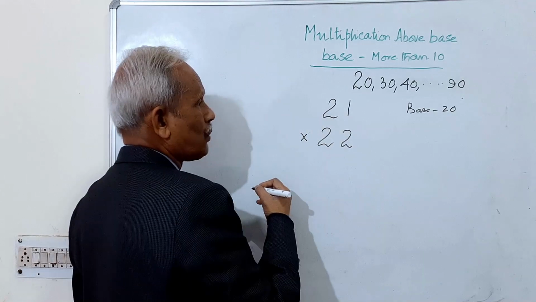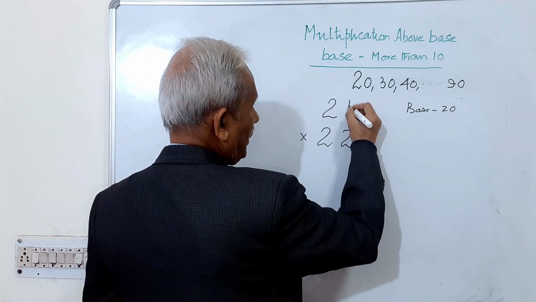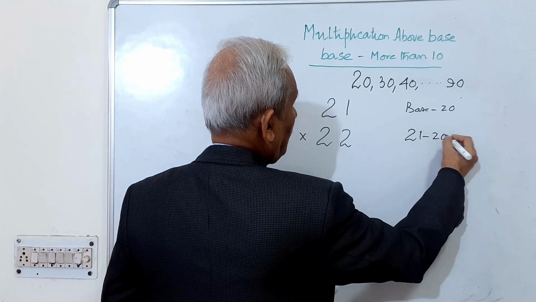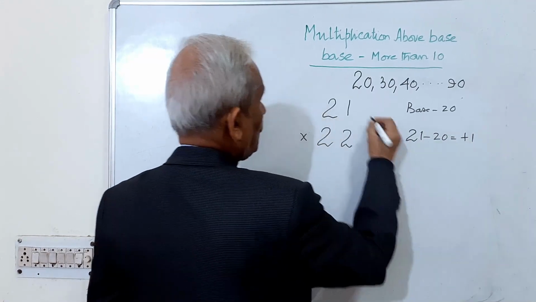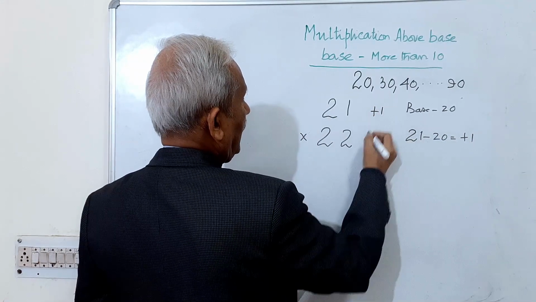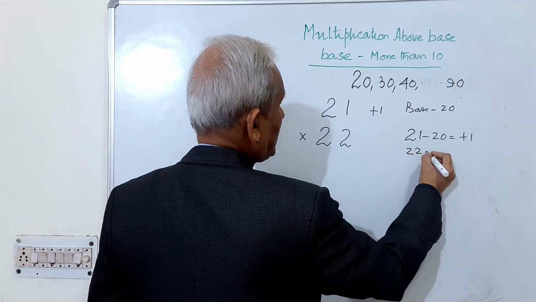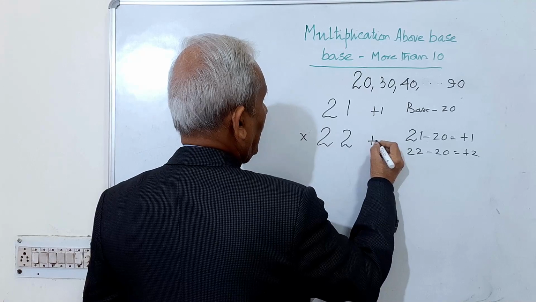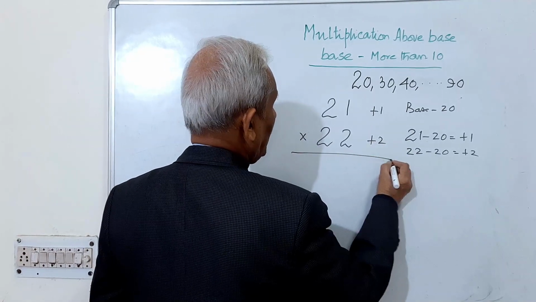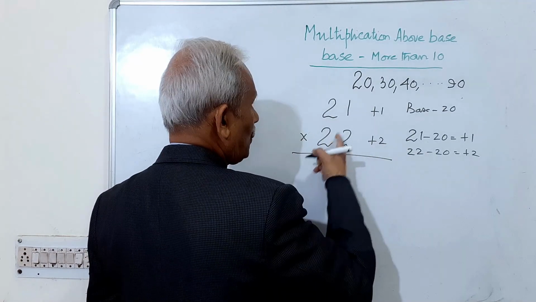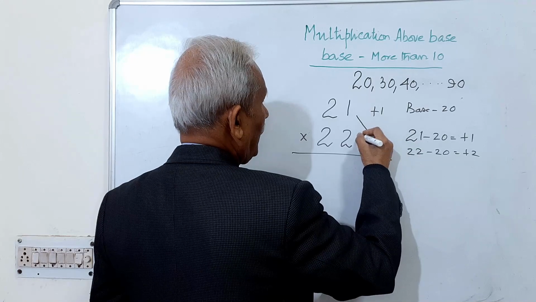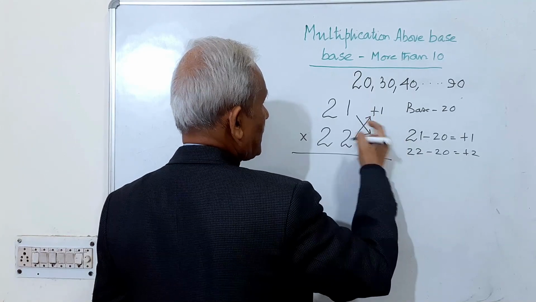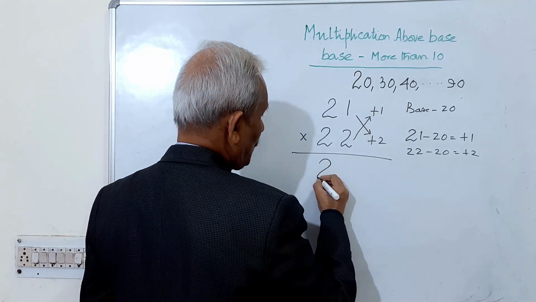Since the base is 20, we'll find the difference of these from 20. 21 minus 20 is plus 1, so we write here plus 1. And 22 minus 20 is plus 2. So we write here 22 plus 1, or 21 plus 2, all the same, 23.